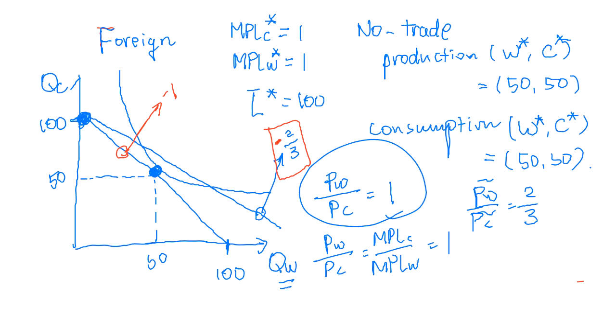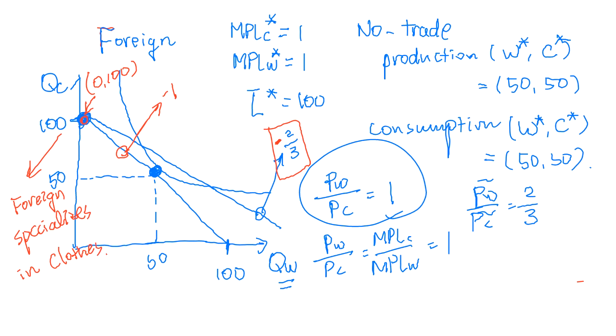Okay, and now since the production after the trade becomes 0, 100 here, it means the foreign country is specializing in producing clothes, right?